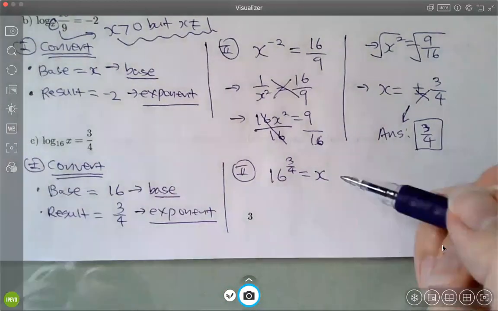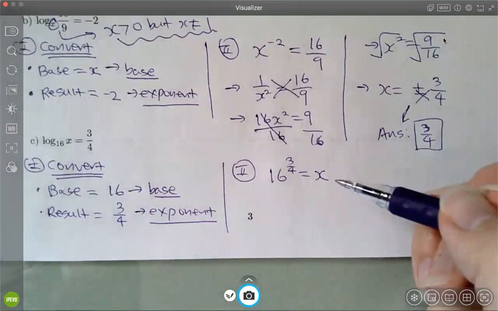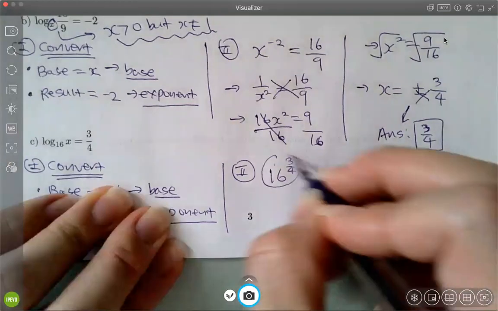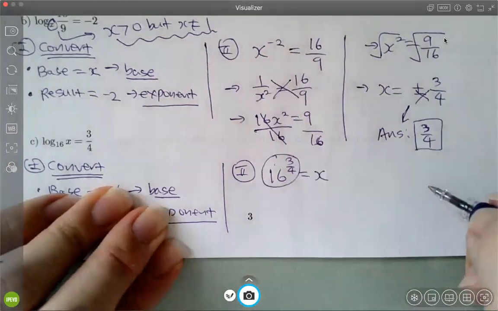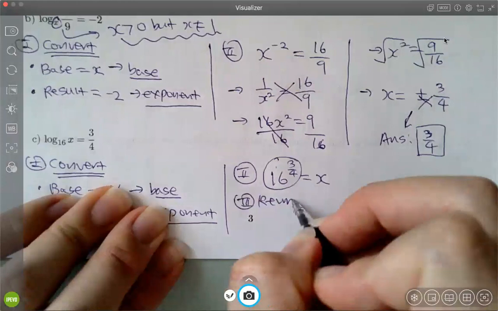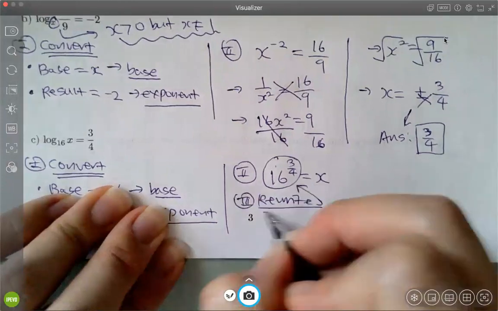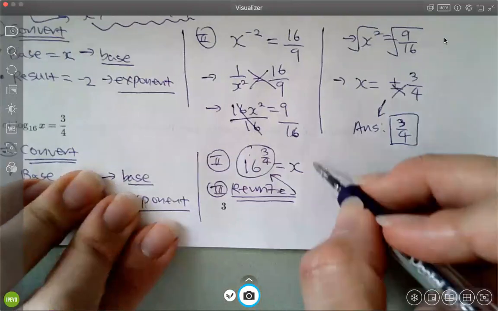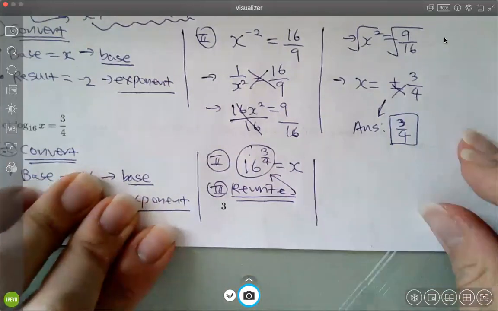Okay, so now, what do we do next? Here we have 16 to the power 3/4. Is there any way to rewrite this? Can you first convert it into radical form, like some kind of root?